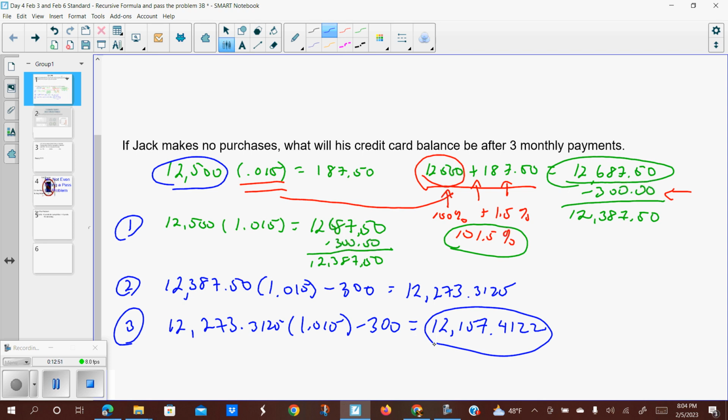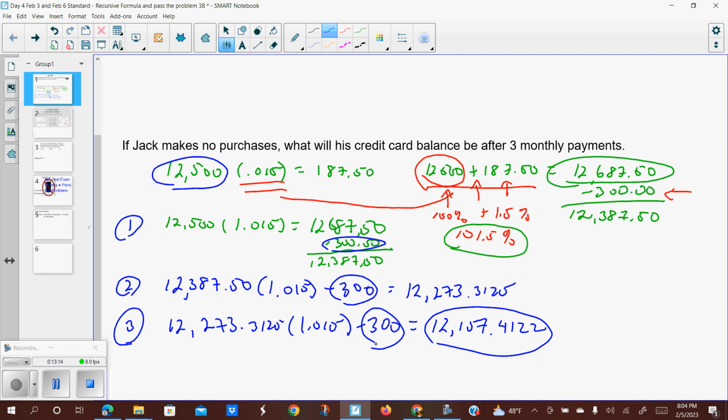That's an approximation. I've rounded a little bit. We've only actually brought our balance down $343. And we've made 3 $300 payments or $900 in payments. And we've only knocked off a little over $300. We're not making a lot of progress.